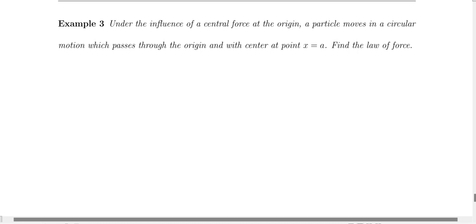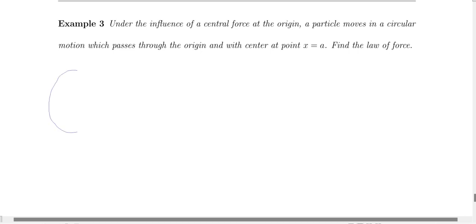You are told that under the influence of a central force at the origin, a particle moves in a circular motion which passes through the origin with center at point x equals a, and the problem is to find the law of force.